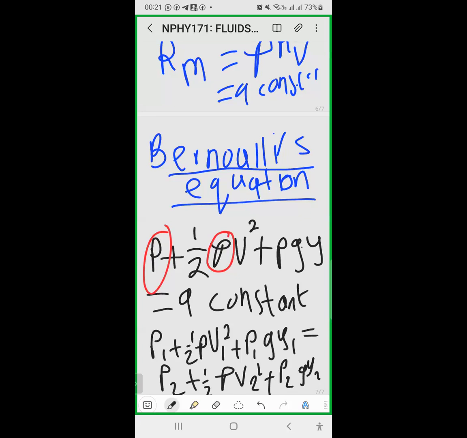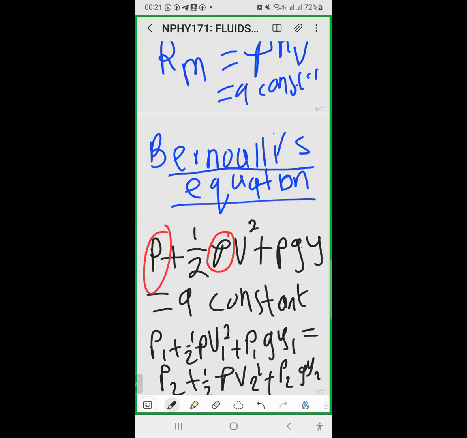And then from your assumptions, you can be able to eliminate some of the terms here. Okay, let me say they say that the flow flows horizontally. If the flow flows horizontally, there is no change in height. Therefore, the influence of elevation is negligible.